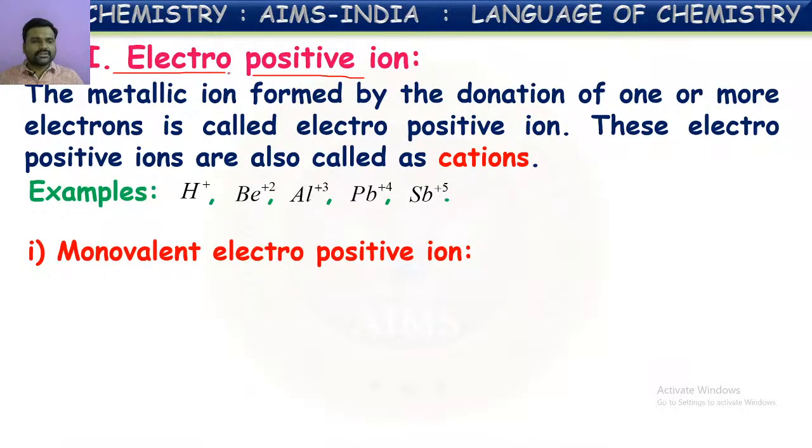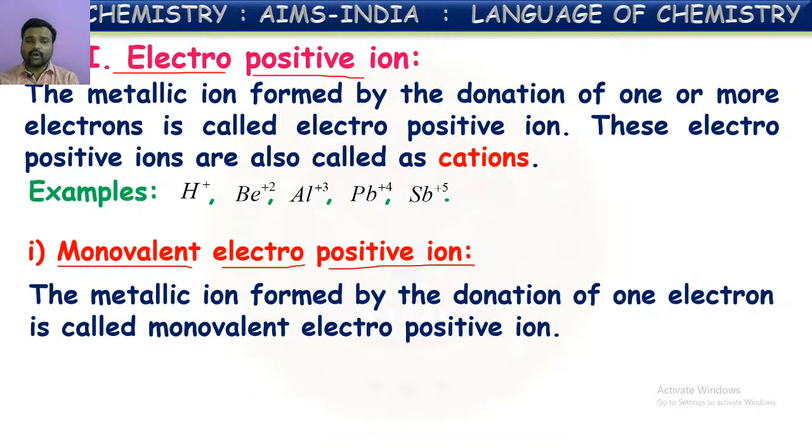Now let us see monovalent electropositive ions. Let us see the name once again. The definition: the metallic ion formed by the donation of one electron is called a monovalent electropositive ion.